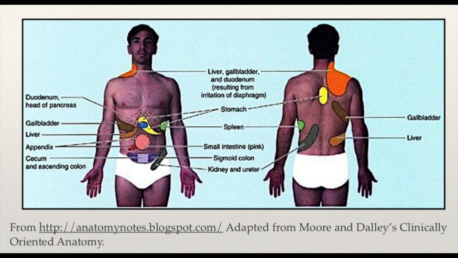So if we take a condition like hepatitis where there's inflammation in the liver, that can irritate the diaphragm, and then it's going to move through these fascial connections. It'll move up through the parietal pleura, and then at the superior region of the parietal pleura in the area of the neck and shoulder, we can get these symptoms which we see there in orange.